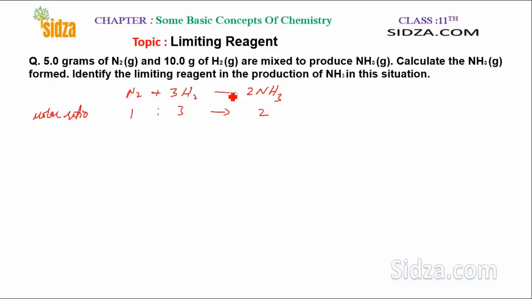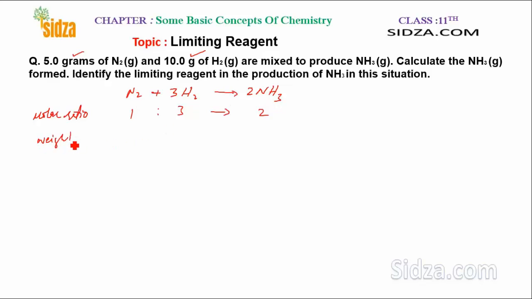Now there are two ways. Either I will change the weights of the nitrogen and the hydrogen into moles, or I will convert the balanced equation ratio, the molar ratio, into a weight ratio, and then compare the two. So let me take the weight ratios in both cases, right? I'll convert the molar ratio from the balanced equation into the weight ratio.